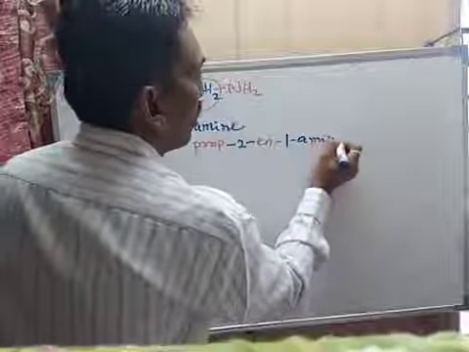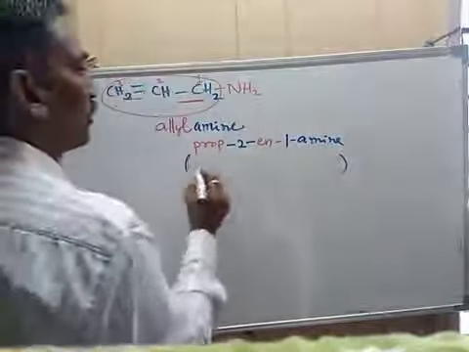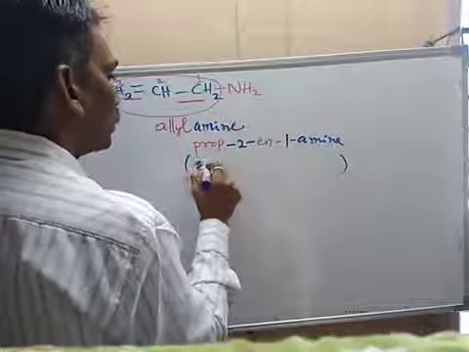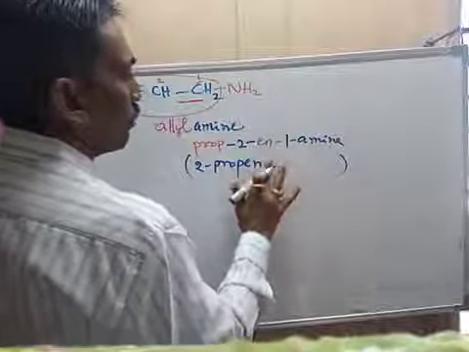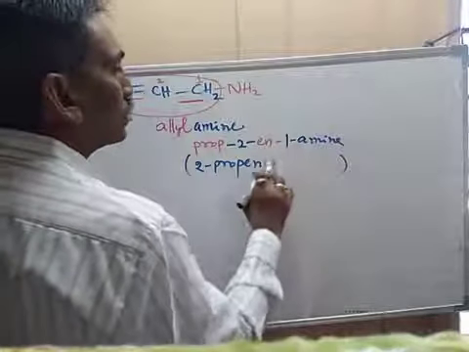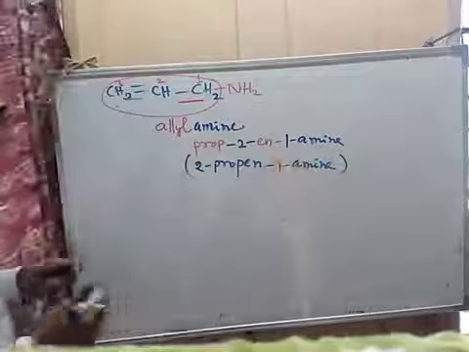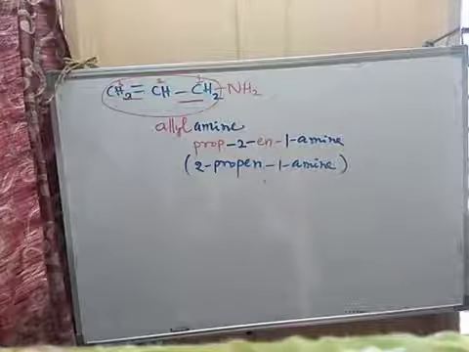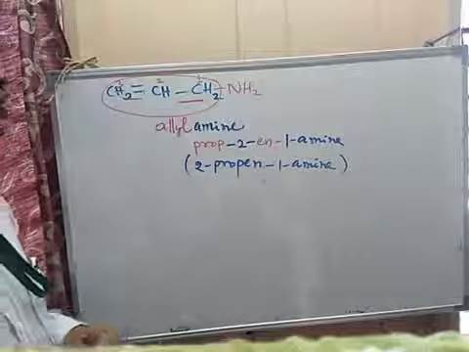How do you rewrite in a different style in competitive examinations? This is joined as 2-propene, and this is joined like 1-amine. Also a correct name. Both are correct IUPAC names. The common name is allylamine and the IUPAC name is this one.